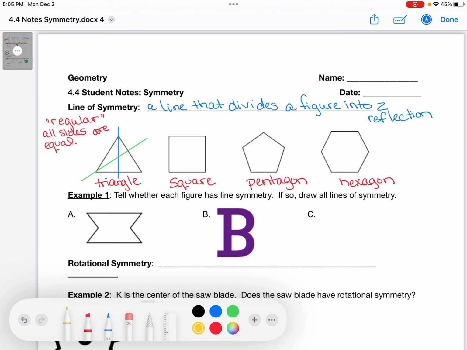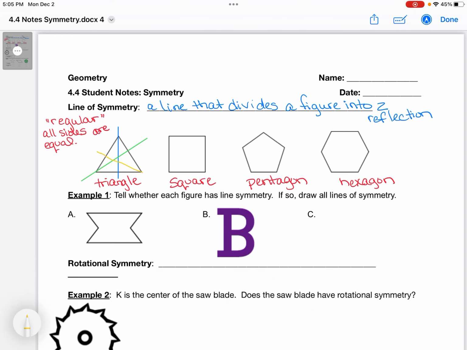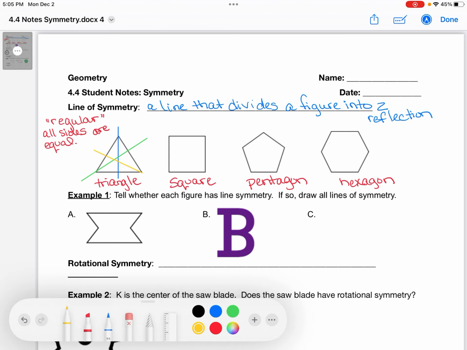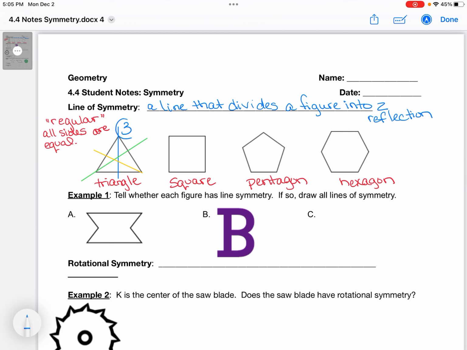And then you could also do the same thing at the other corner. They should all kind of meet in the middle, but you get the idea. So there's actually 3 lines of symmetry because all the sides are equal. If you had a scalene triangle, you wouldn't have 3.